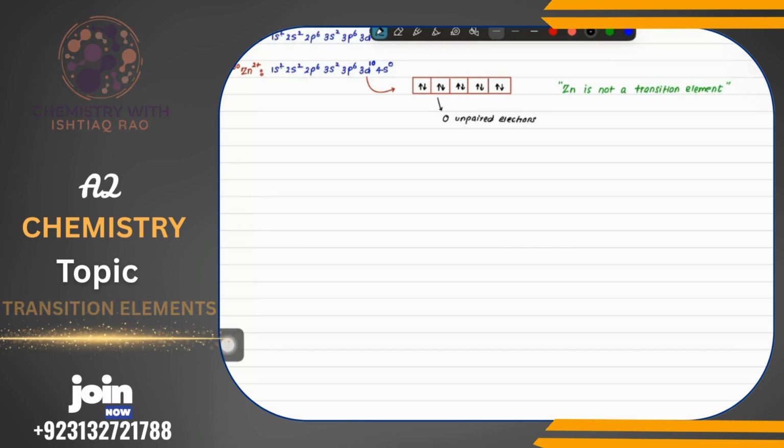In AS, we only told you about s and p orbitals. But in A2, you need to know how many d orbitals we have and what their shapes would be.